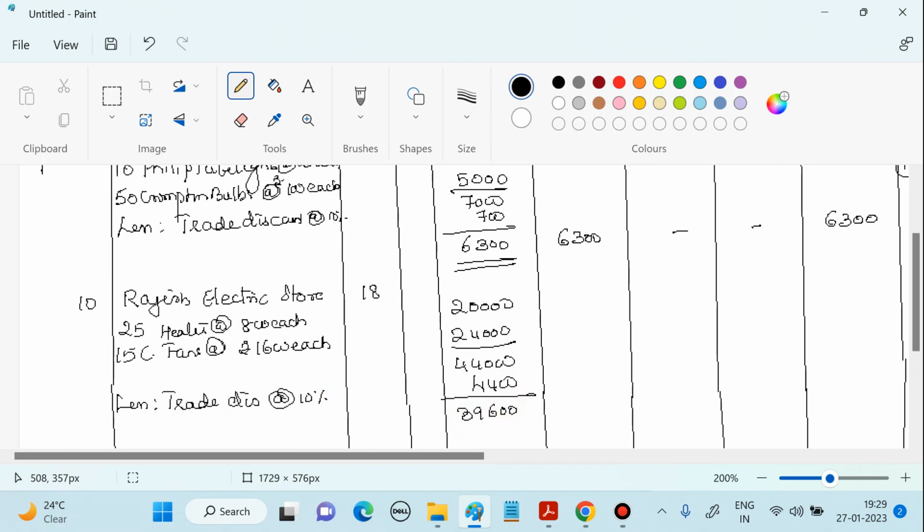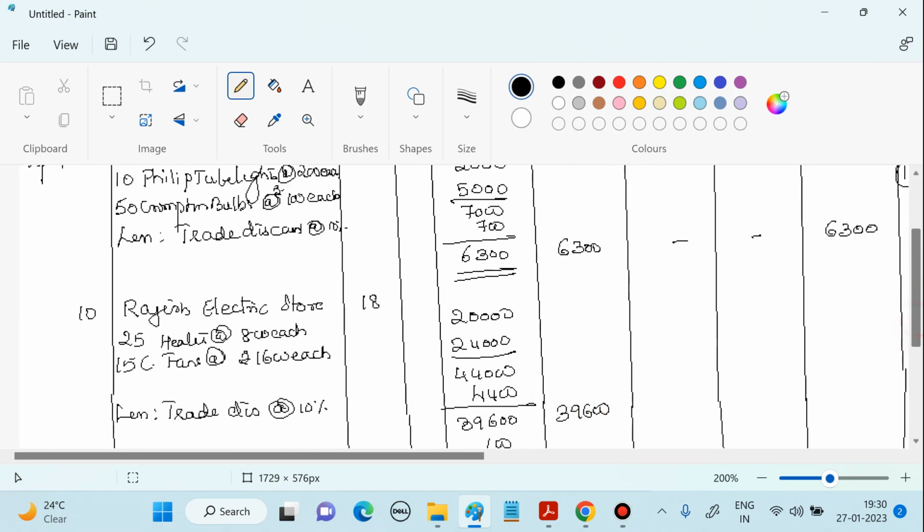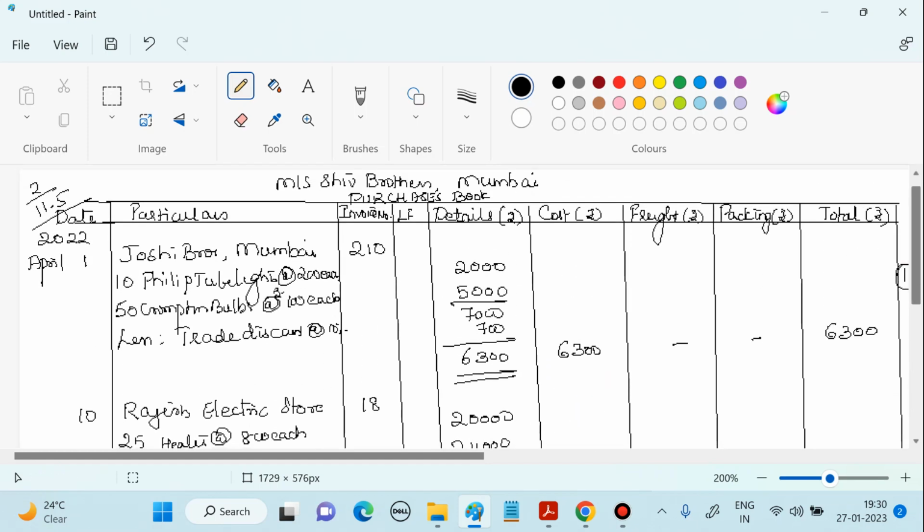But further, paid packing charges 100. So what are we supposed to do? Add that. Add packing charges 100. So total value is 39,700. Now this 39,600 would be in the cost column. 100 should be in the packing charges column.